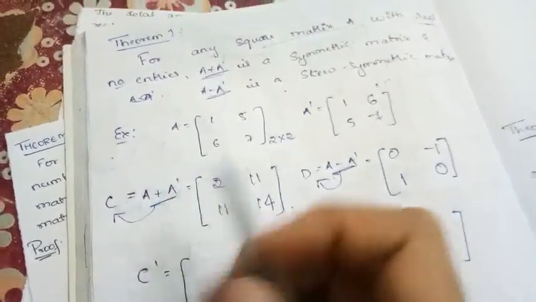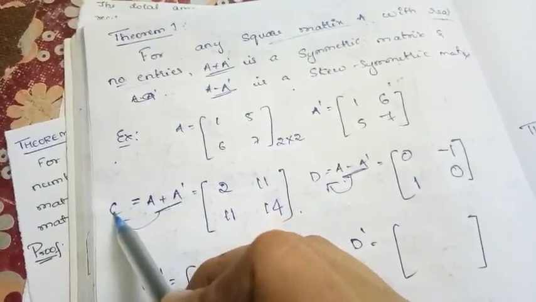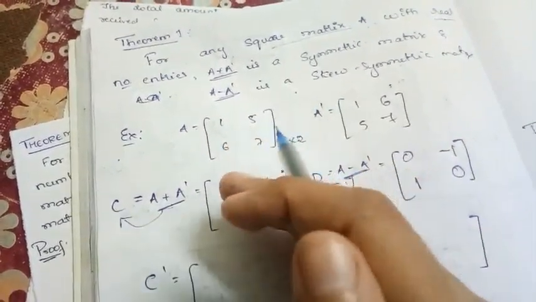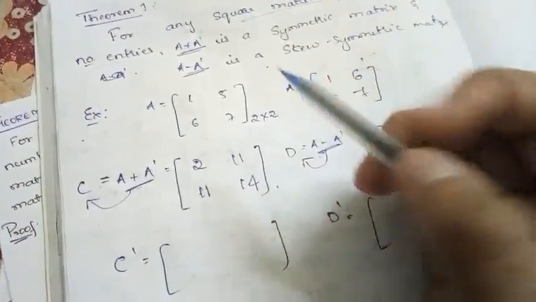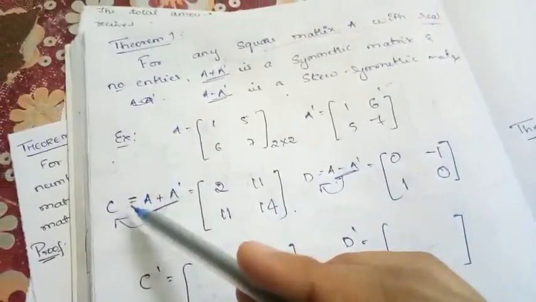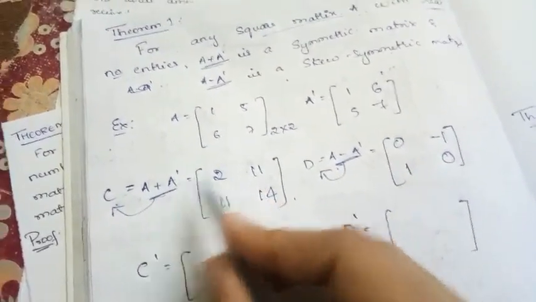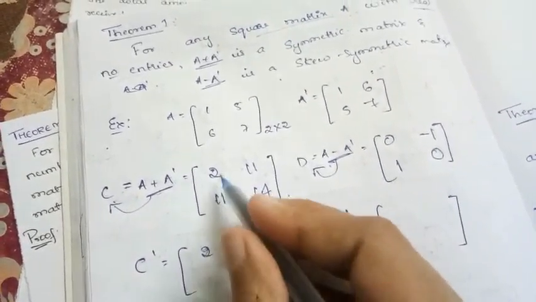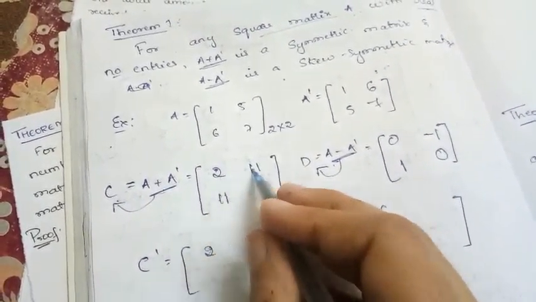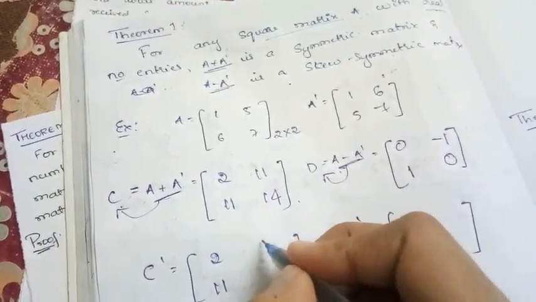Okay, so now I need to check whether matrix C is a symmetric or skew symmetric matrix. How we will check whether the matrix is symmetric or skew symmetric? By taking the transpose. So I will take the transpose of our matrix C. Matrix C is nothing but this matrix: 2, 11. It is our first row, it is changed into our first column. 11, 14.